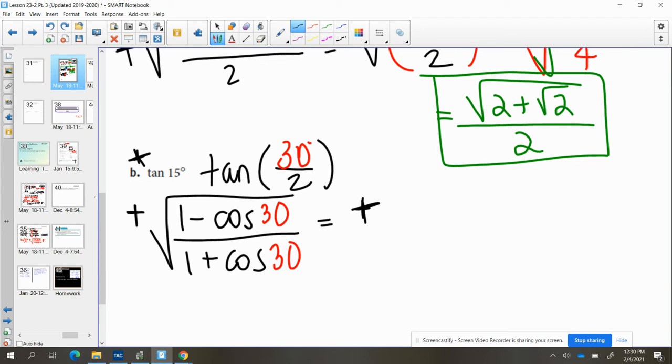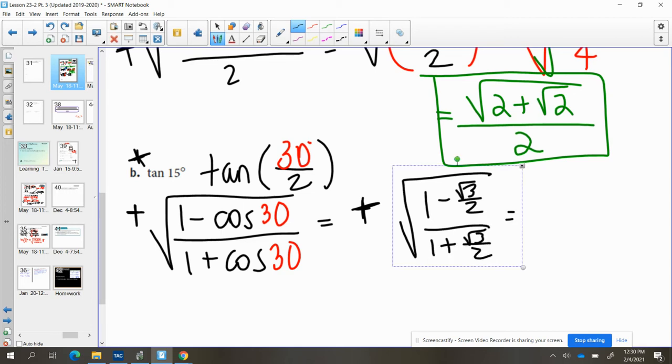Cosine of 30 degrees is the square root of 3 over 2, so we have that for both the top and the bottom. And then again, since we're dealing with a fraction within a fraction, we're going to multiply everything by 2.